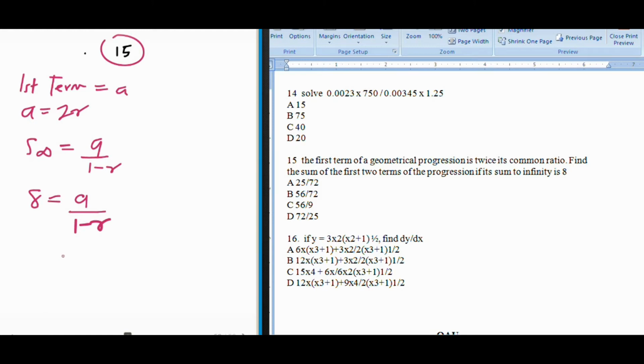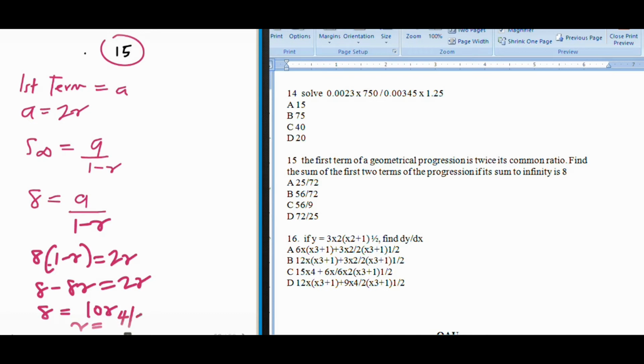Then we cross multiply, we have 8 into 1 minus R to be equal to 2R, which is A. Now open that bracket, that will give us 8 minus 8R equal to 2R. Collecting the like terms, our 8 will be equal to 2R plus 8R. Again, our 8 will be equal to 10R. Our R will be equal to 8 over 10, and that will be equal to 4 over 5. That is the common ratio.